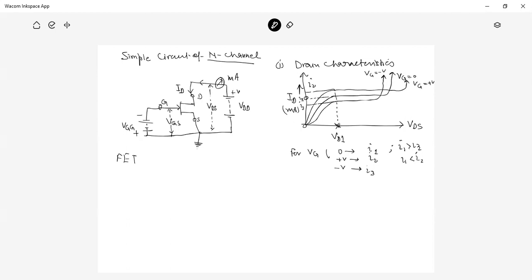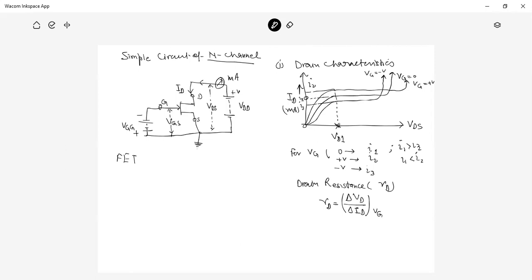And one is drain resistance. We can calculate the drain resistance RD, which is delta VD upon delta ID at constant VG.